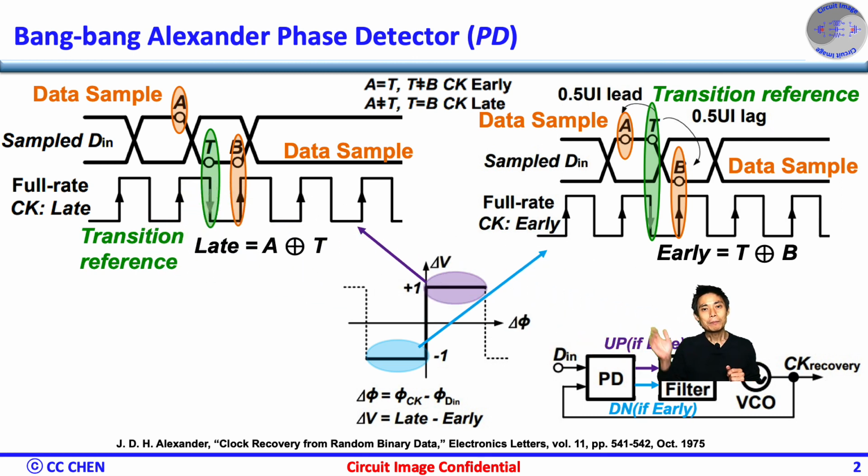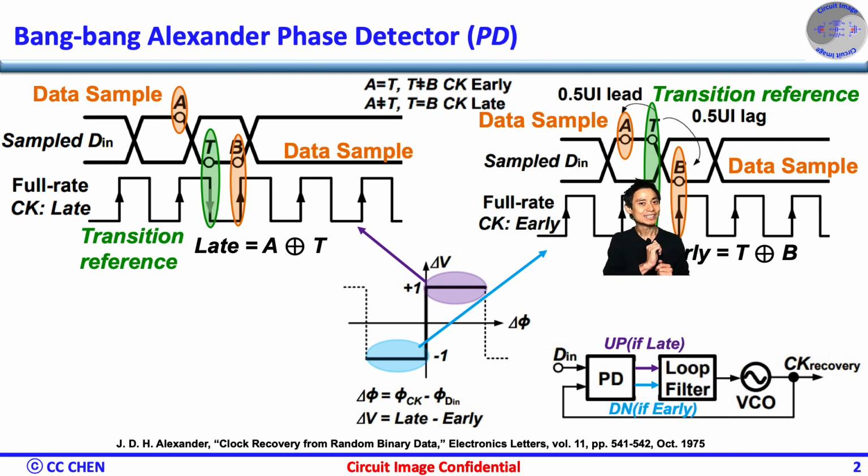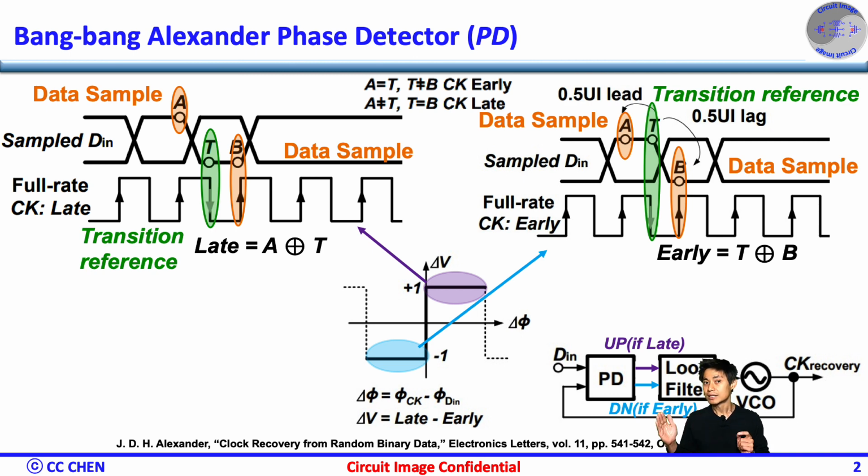Then the bang-bang PD output will be up, to push the VCO to go faster to compensate for the late clock at the moment. Similarly, if the clock is early, when T and B are different, or T and A are the same, the bang-bang PD output will be down, to slow the VCO down to compensate for the earlier clock phase than the input phase.